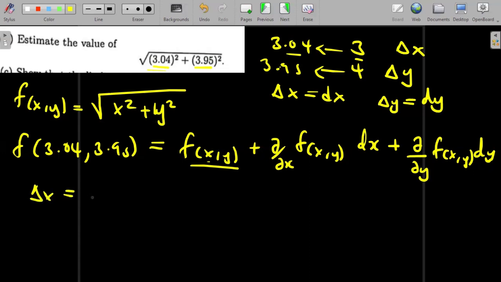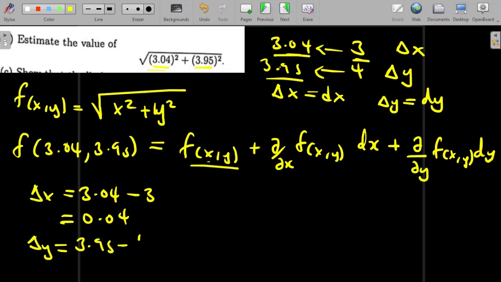Our change in x is going to be the last point it changed to, 3.04, minus this here, which is 3, and that is equal to 0.04. Then the change in y is 3.95 minus 4, and that gives you negative 0.05.